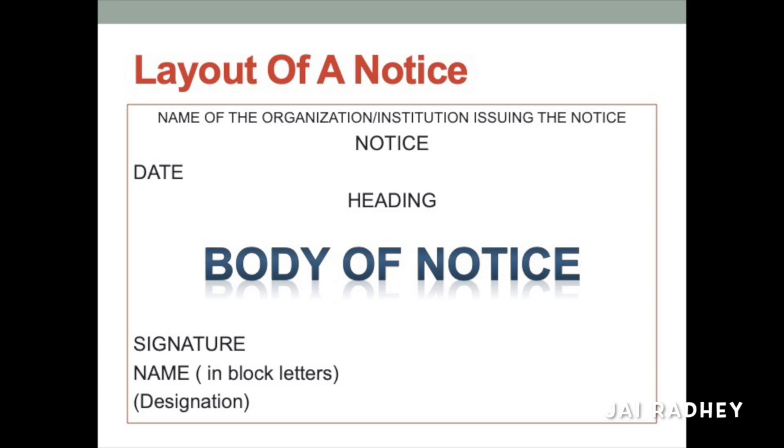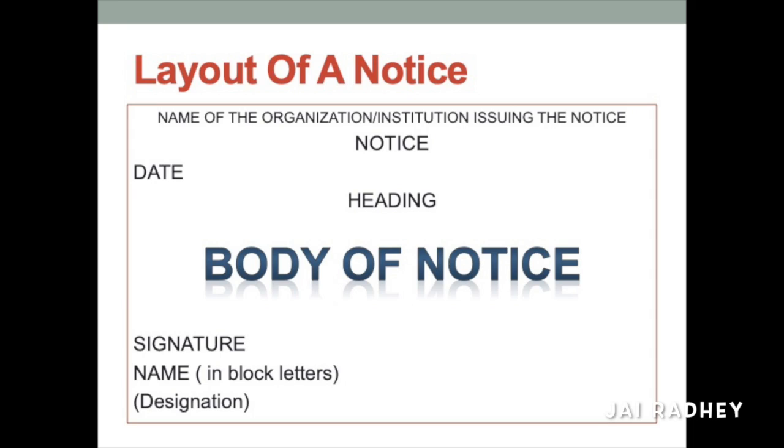Layout of a notice. Just see, first of all, that it is written in a box, and in the very first line we are to write the name of the organization or institution issuing the notice. Here you have to write the name of the institution, and in the second line, in the center, just below it, we have to write the word notice.